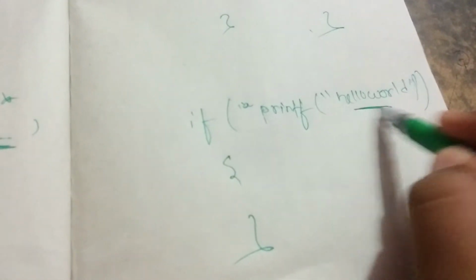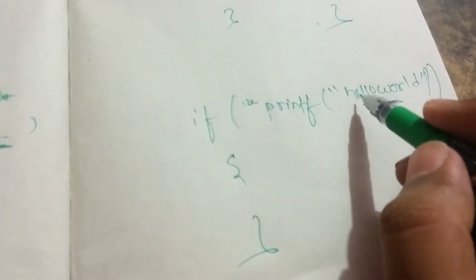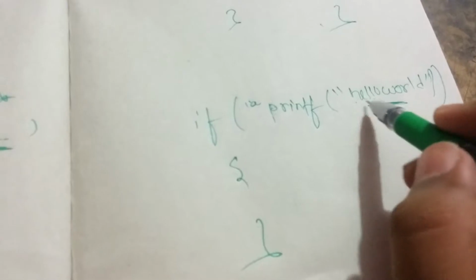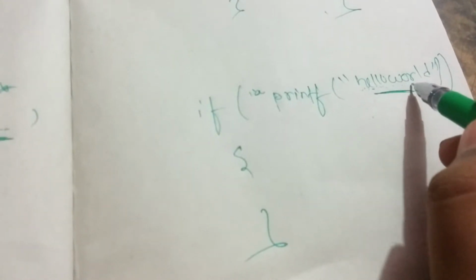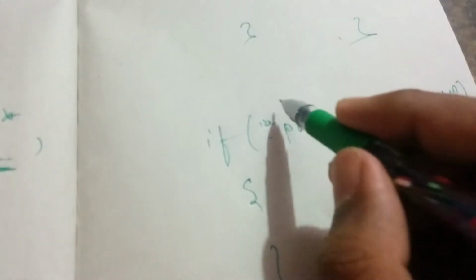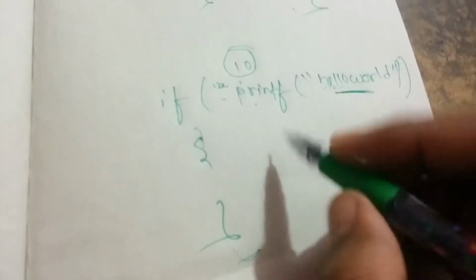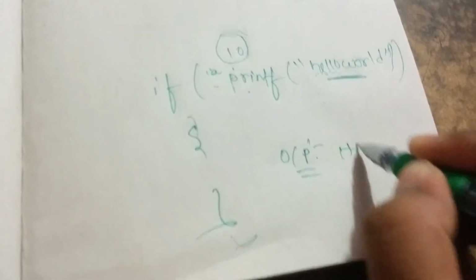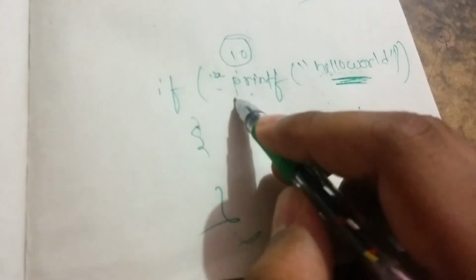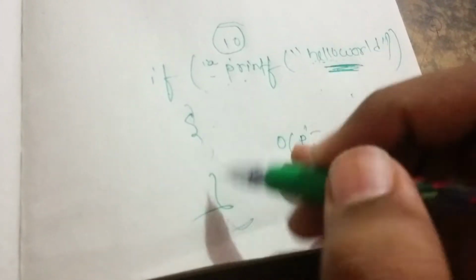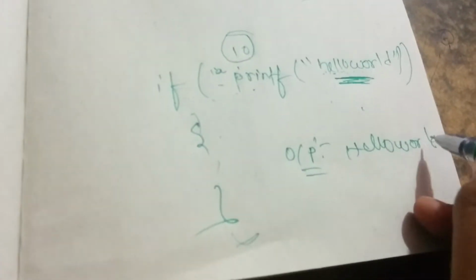It prints hello world and returns 1, 2, 3, 4, 5, 6, 7, 8, 9, 10, so it returns 10. The 10 is considered positive and we go within the if block and we don't write anything. Meanwhile, we are not writing the semicolon and we are able to print the output hello world. It prints hello world and returns 10 to the if, and the if enters the block, but we write nothing inside it. In this way, we are printing hello world without using the semicolon.